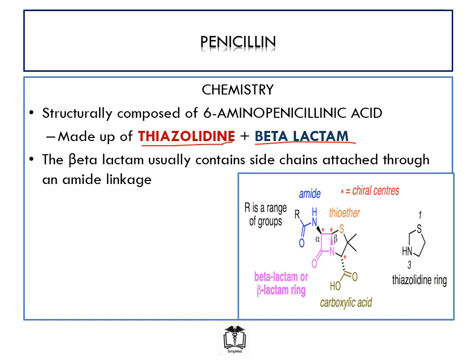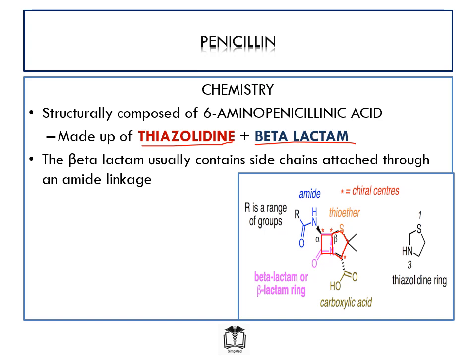The thiazolidine ring, for example, is the ring shown here. It is the pentagon-shaped ring, as you can see, that I'm outlining, and that is attached to this box-shaped ring or beta lactam ring. The combination of the thiazolidine ring and beta lactam ring gives us a new structure called 6-aminopenicillanic acid, and that's where we get the name penicillin from.